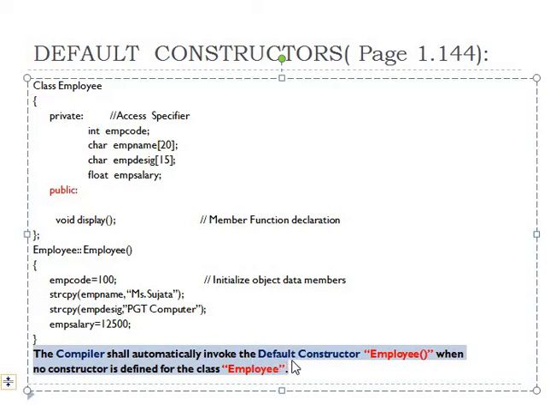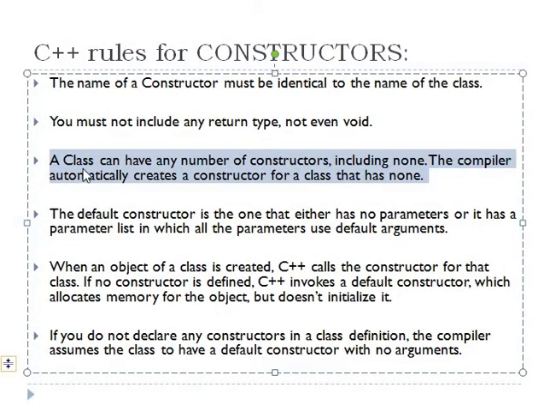with no initialization. That means in the absence of a constructor for this class employee, the compiler automatically invokes a default constructor by the name employee, which does not take any parameter, and that is done implicitly by the compiler. So that's what has been stated here.